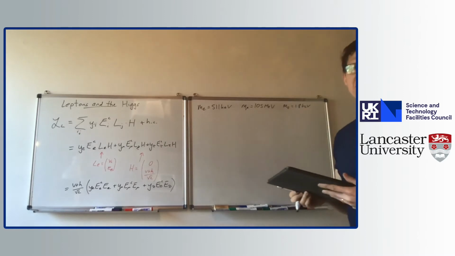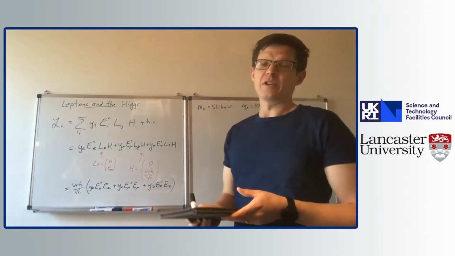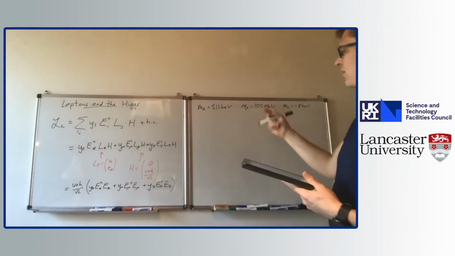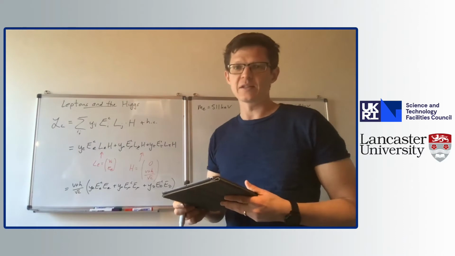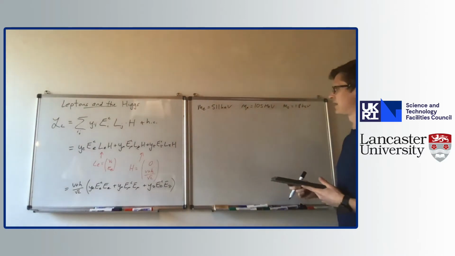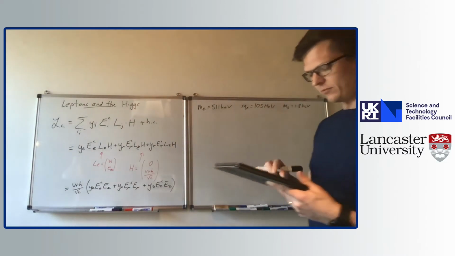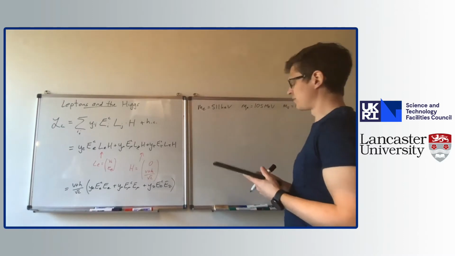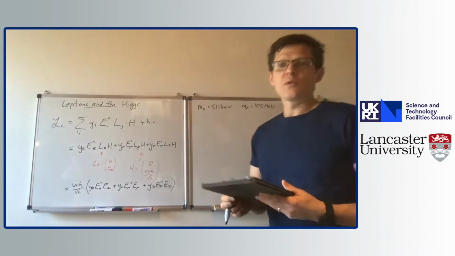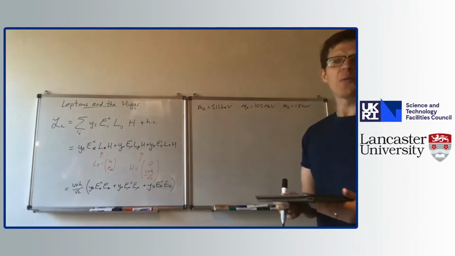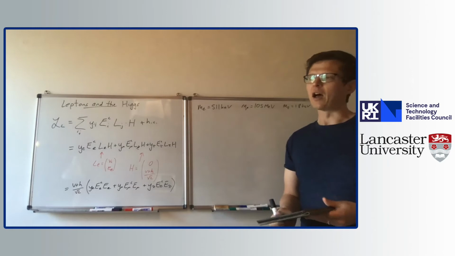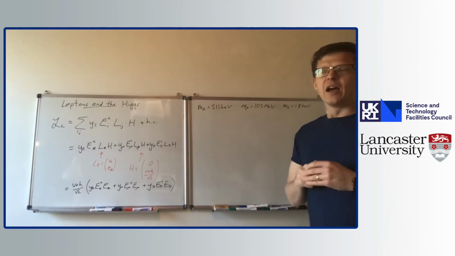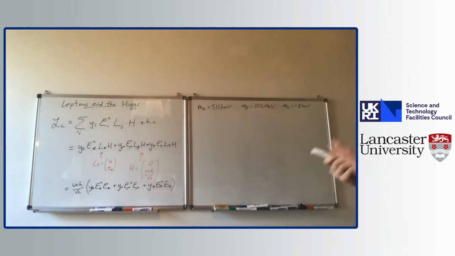To get down to 1.8 from 174, you're talking about 10 to the minus 2 or so. For the muon, there's another factor of 10, so you're talking like 10 to the minus 3 or so. And just the electron, another 2 orders of magnitude. Okay, so the leptons, for the most part, couple pretty weakly to the Higgs. And this really is a huge puzzle.